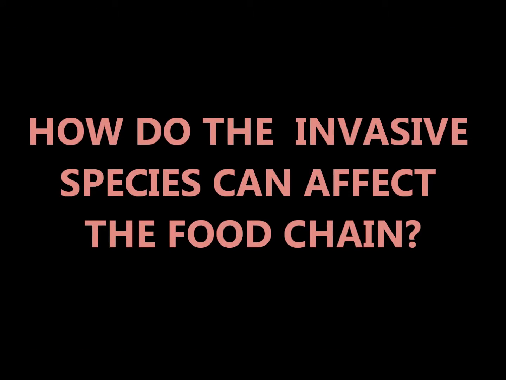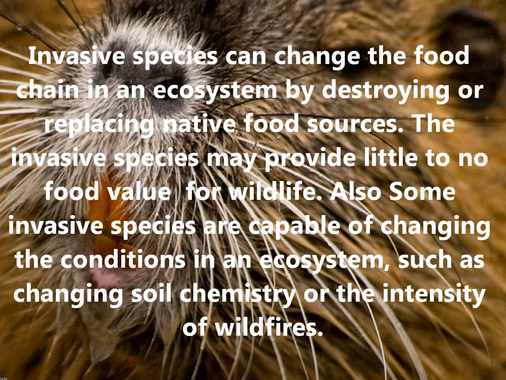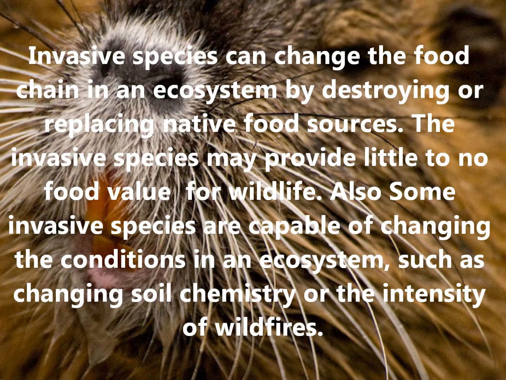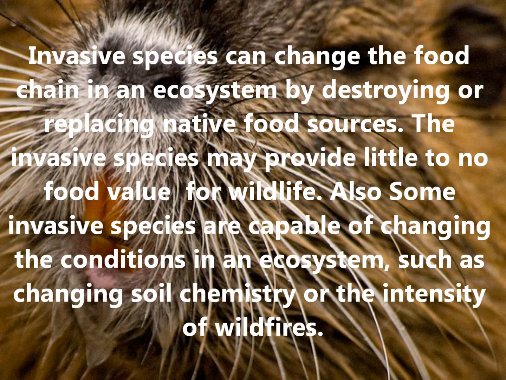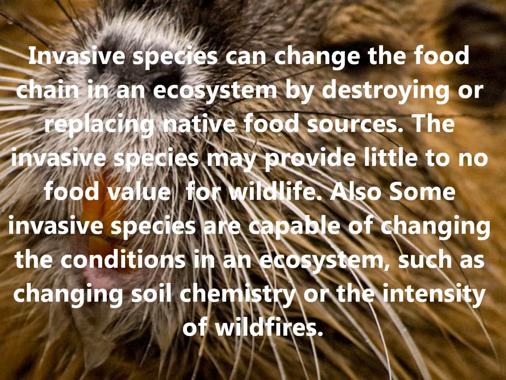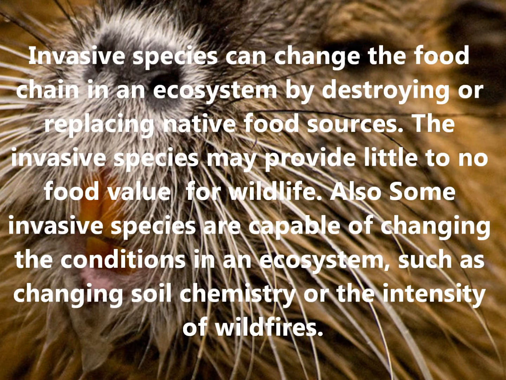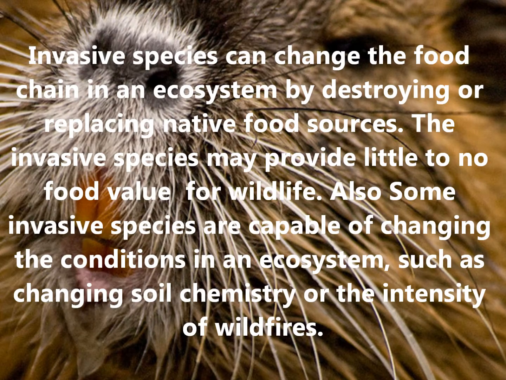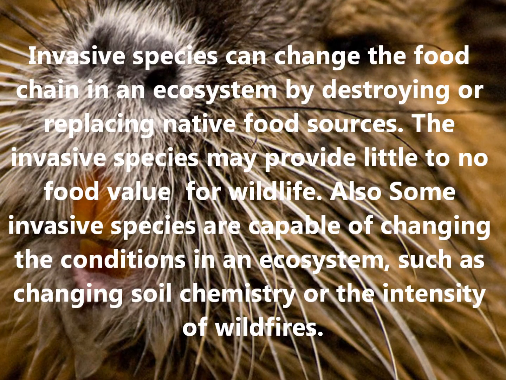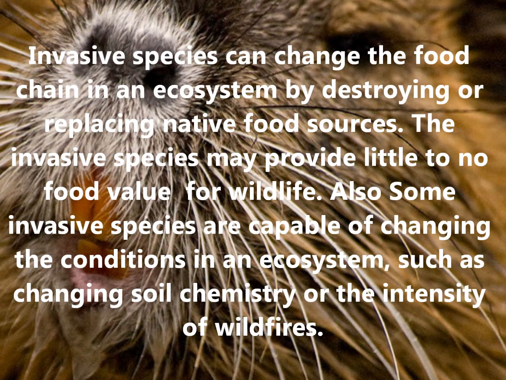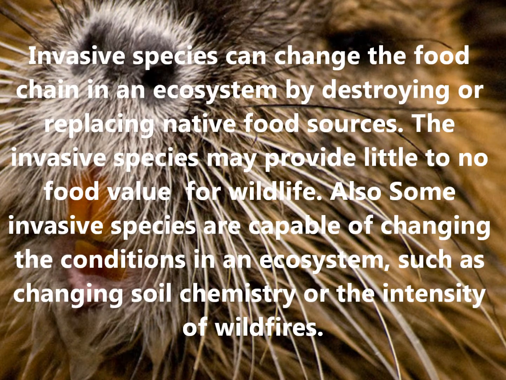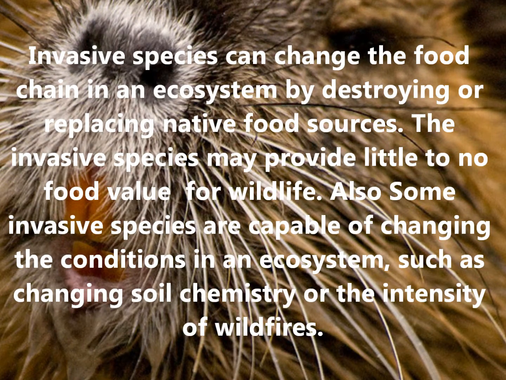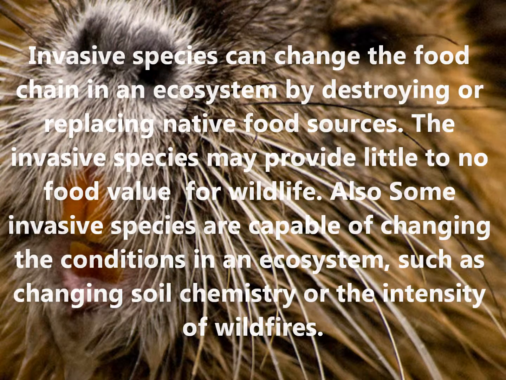Now, how can invasive species affect the food chain? Invasive species can affect the food chain in an ecosystem by destroying or replacing native food sources. The invasive species may provide little to no food value for wildlife. Also, some invasive species are capable of changing the conditions in an ecosystem, such as changing soil chemistry or the intensity of wildfires.